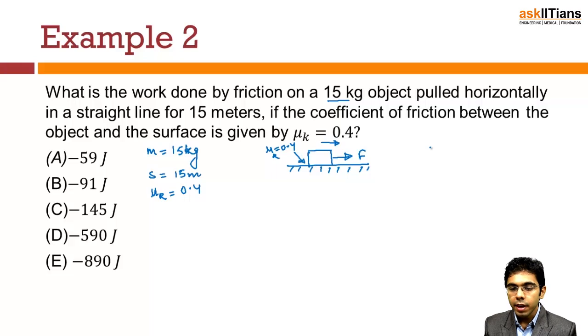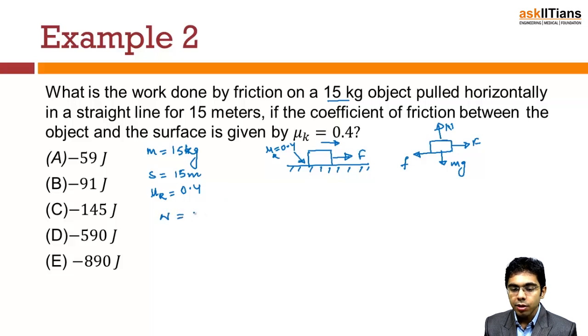If we make the free body diagram of this block, we get the normal acting in this direction, and mg, the weight force, acting downward. Since the body is moving in the plus x direction, the force of friction acts in this direction, and this is the force which we are applying. We have to find the work done by friction.